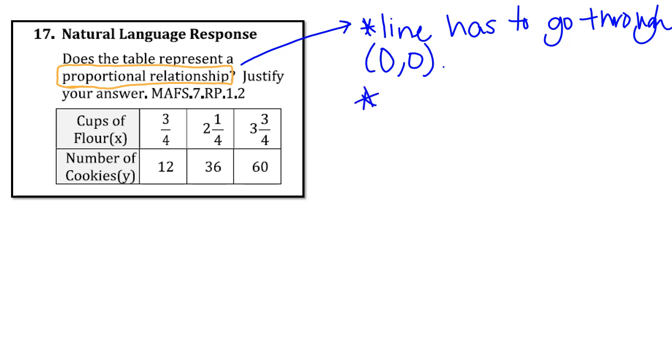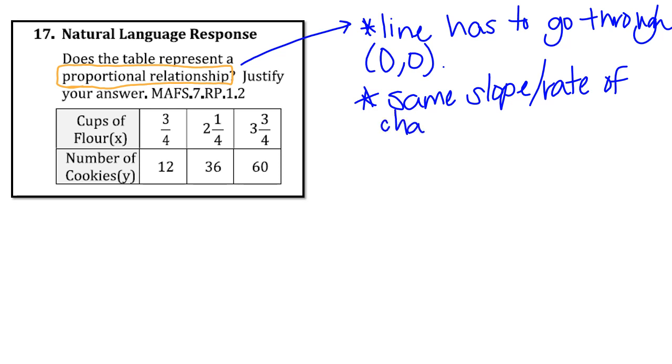And then it has to have the same slope or rate of change. And remember, rate of change is also the same thing as change in y over change in x. So all of these mean the same thing. If it has the same slope or the rate of change, it's going to tell you that it's a straight line.